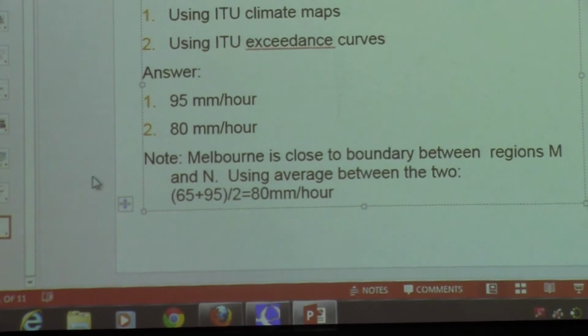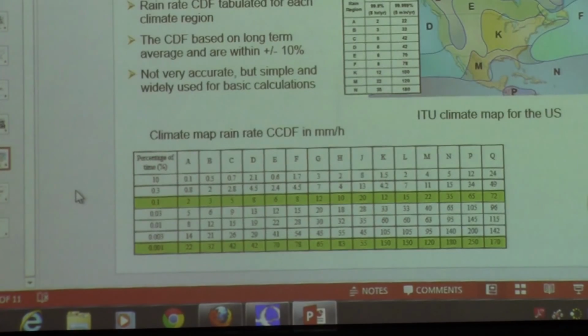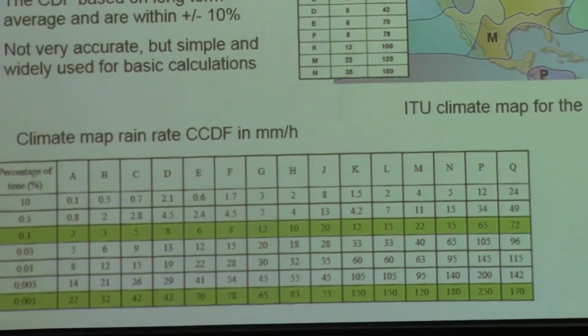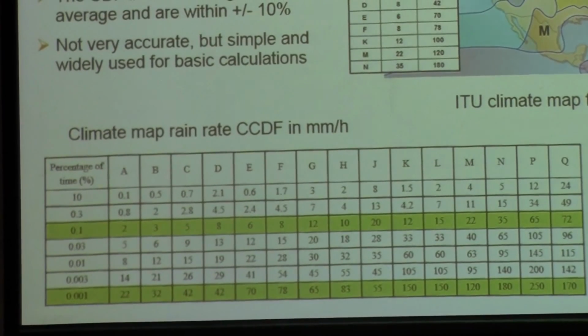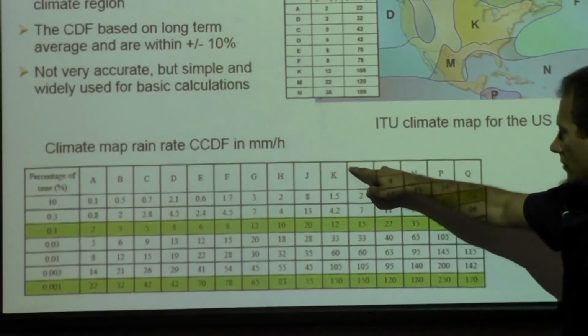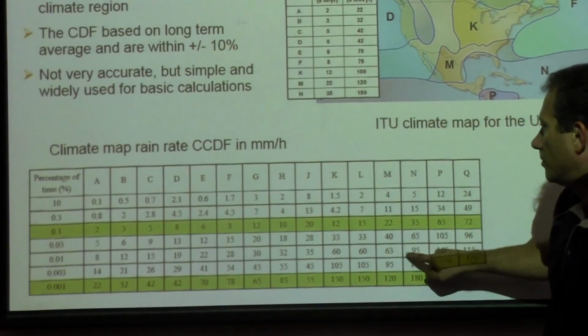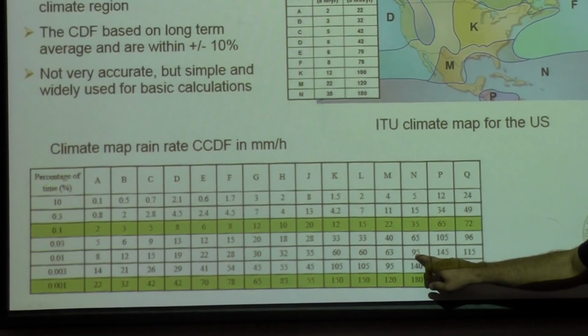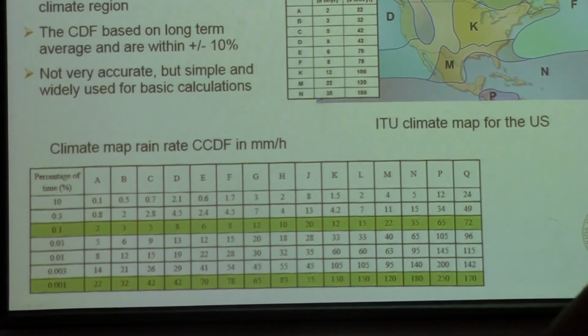So if you look at 0.01, in this case, you would identify the climate, this is N here, and if you go N and 0.01, this would give you this 95 millimeters per hour.